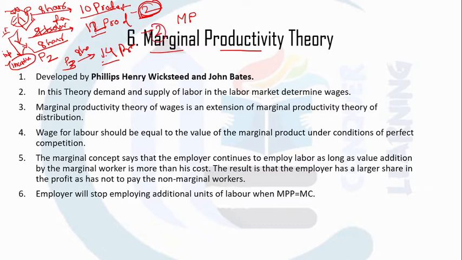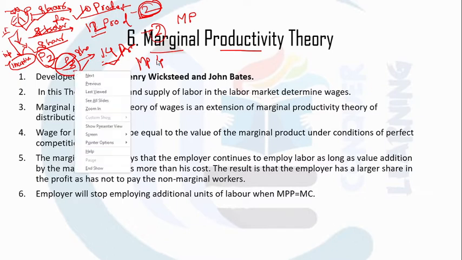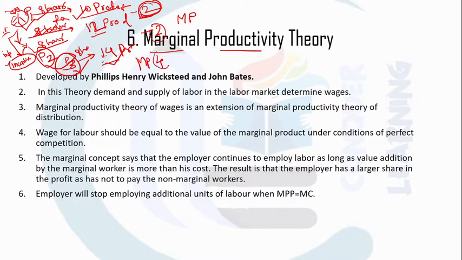Now if we compare only the first raw material with P3, not P2, so 10 and 14, here his MP is 4. So when I give him better quality raw material of P3, he can give me a marginal product of 4. Whereas if I give him raw material of P2 quality, the marginal productivity is 2. Extra is 2.